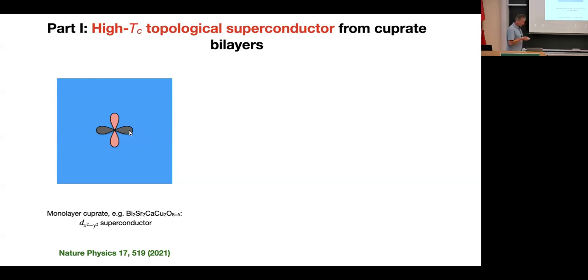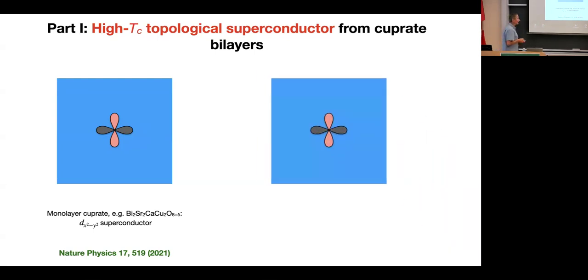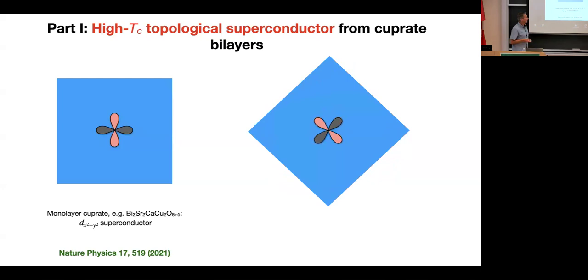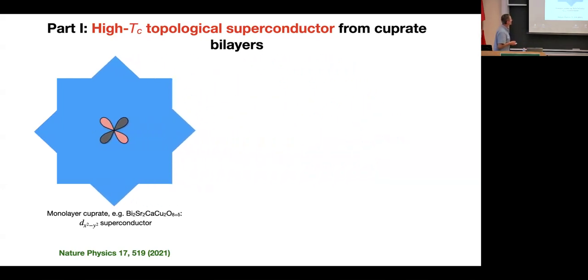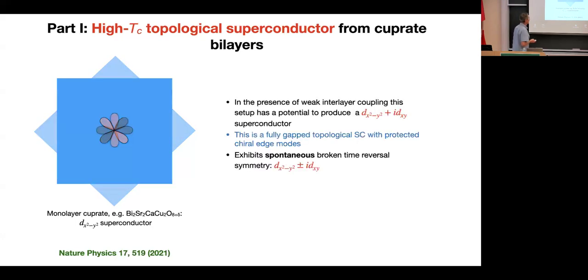Okay, so the idea is this: take a monolayer of this D-wave superconductor, BSCCO for instance, that has been exfoliated to the monolayer limit, then take another one, rotated by, in this case, a large twist angle, 45 degrees, make a bilayer structure, and then investigate what happens.